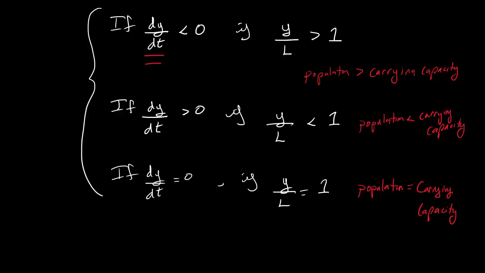So in calculus, in math, we always want to care about the extremes. I'm sure some of us remember in Calculus 1, we talked about limits at infinity and at negative infinity. We want to know what happens at these extremes. So let's think about when the population is far, far less than the carrying capacity.